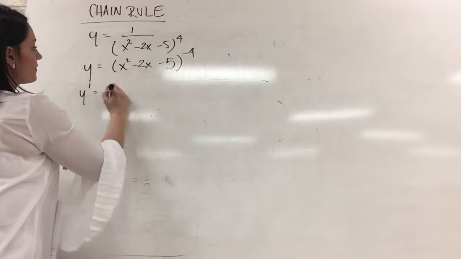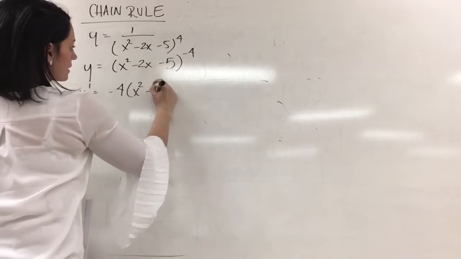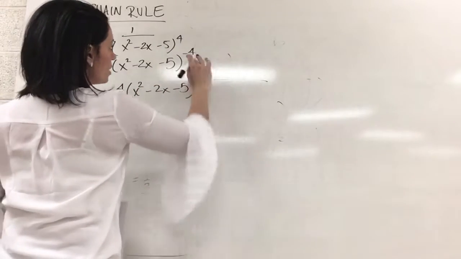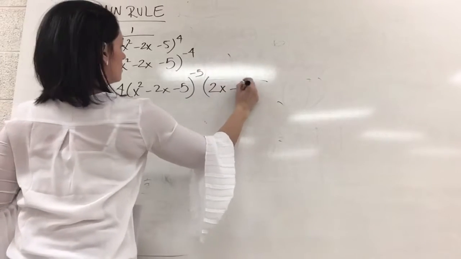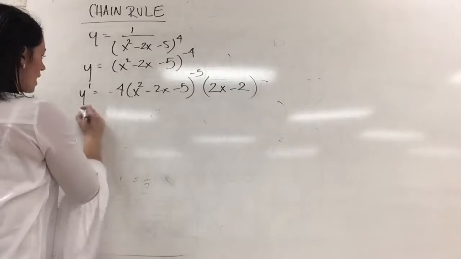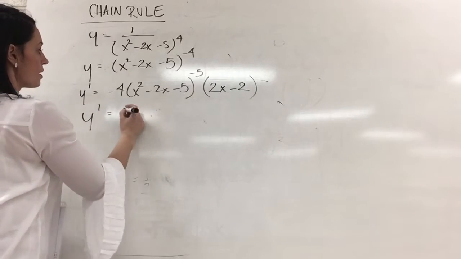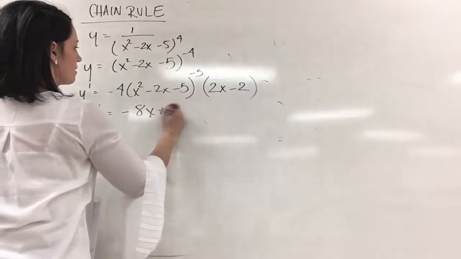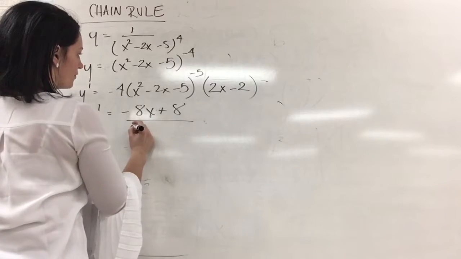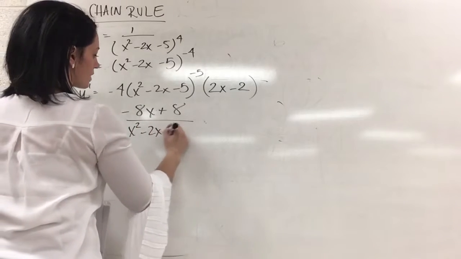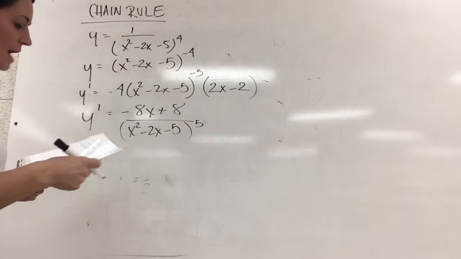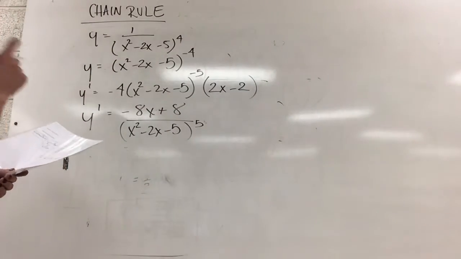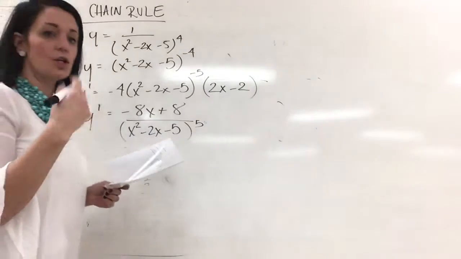So then the derivative is minus 4, we keep the bracket the same, reduce the exponent by 1, and multiply by the derivative of your bracket, okay? And that's gonna need some simplifying, so minus 8x plus 8 all over x squared minus 2x minus 5 to the power of 5, okay?